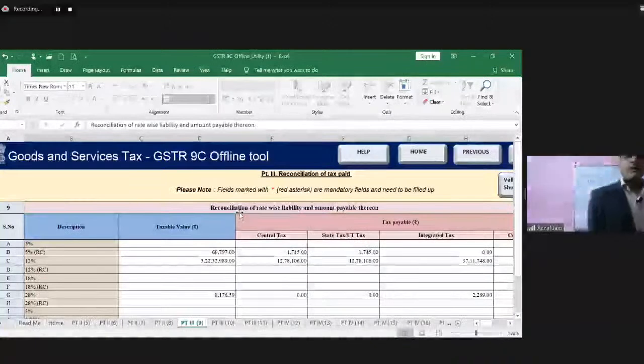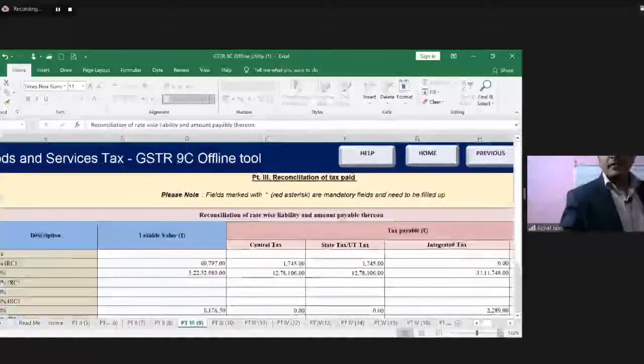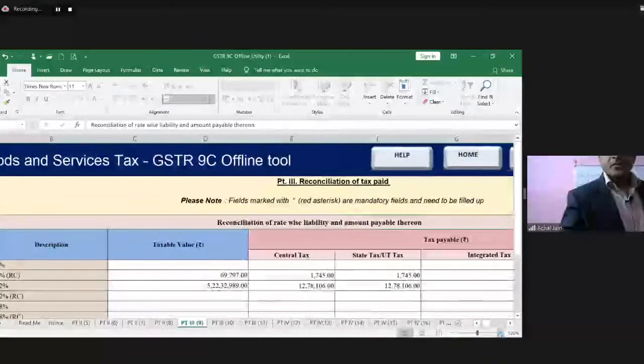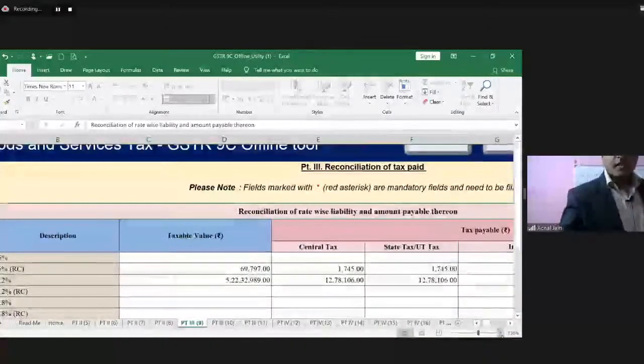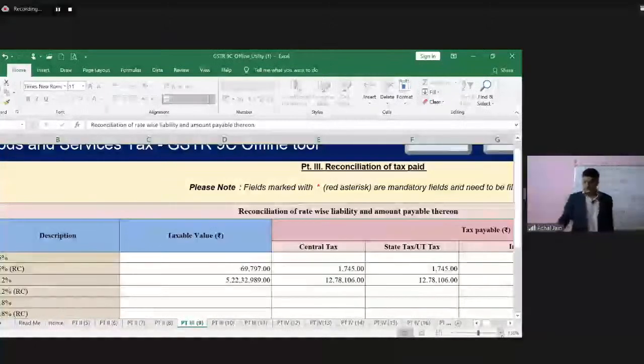reconciliation will again come. Now this is the reconciliation of rate-wise liability and annual amount payable thereon. So now in this part of GSTR 9C, we are moving on to the GST liability.